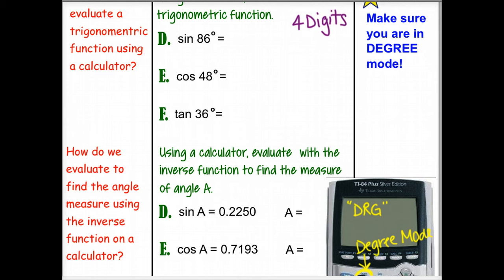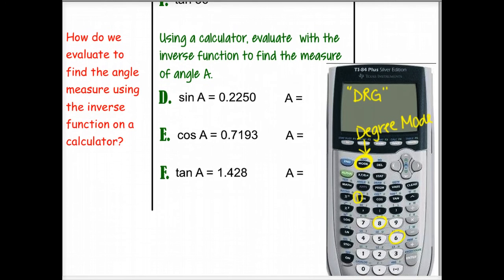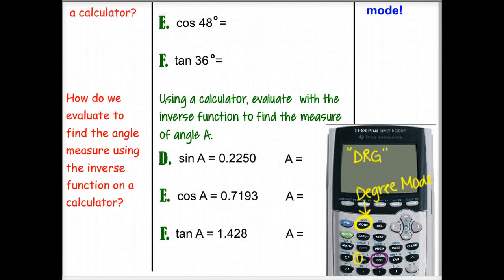So when I hit sine of 86 degrees, I get 0.99756, so that means 0.9976. When I put in the cosine of 48 degrees, which the cosine button is right here, it says cos, I get 0.66913, so that'd be 0.6691.